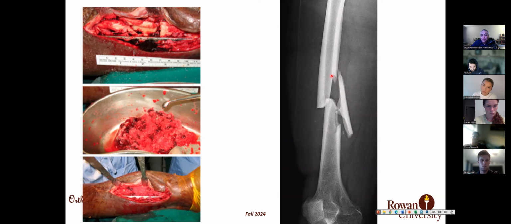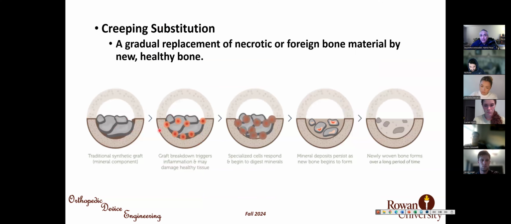Let's see what happens when this segment dies or when we use the bone graft. Something called creeping substitution happens.